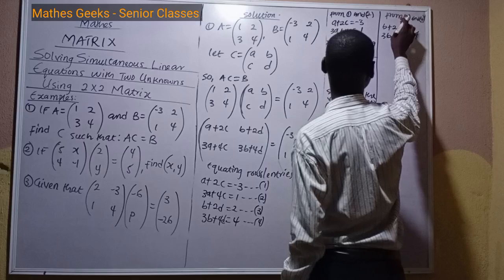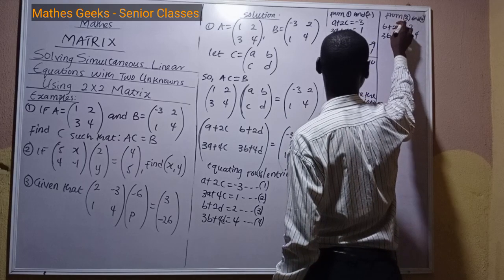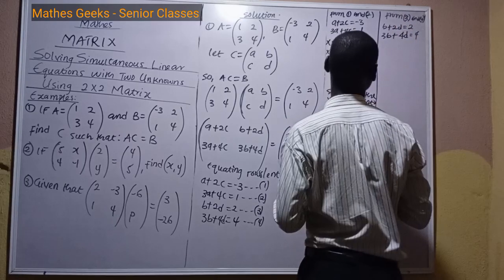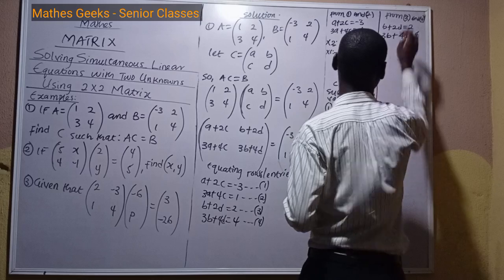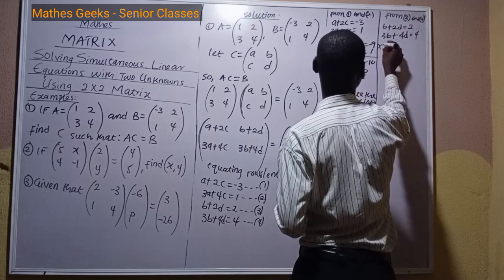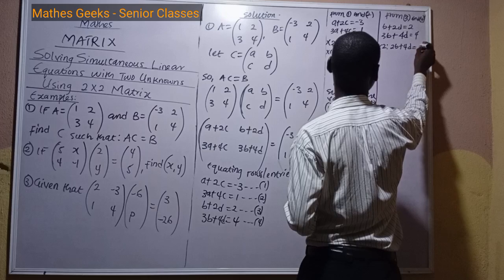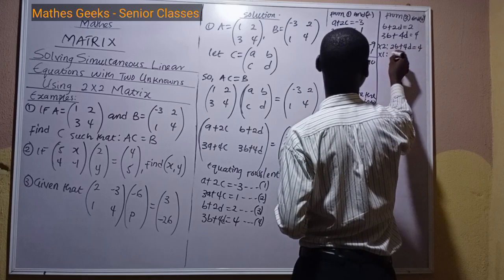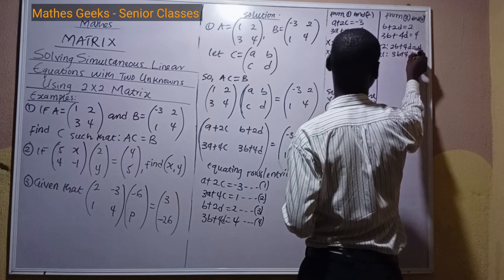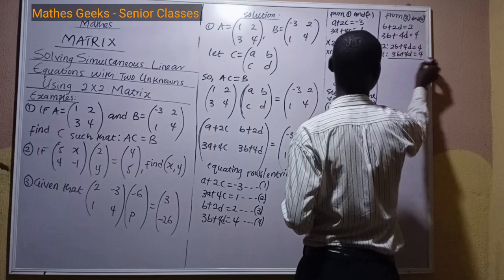Now to eliminate d, this is 2 and here's 4. I'll multiply equation 3 by 2 so that here will be 4d. Times 2 will give me 2b plus 4d is equal to 4, and 3b plus 4d is equal to 4.